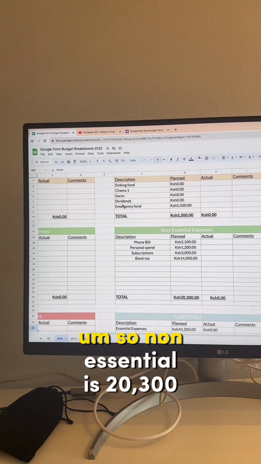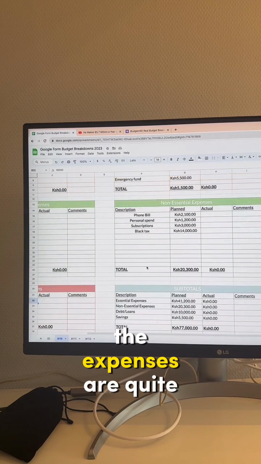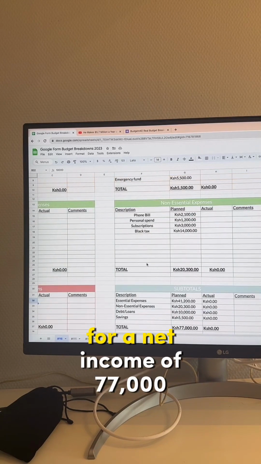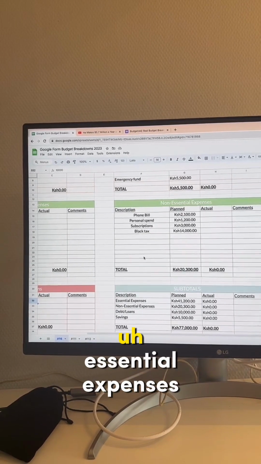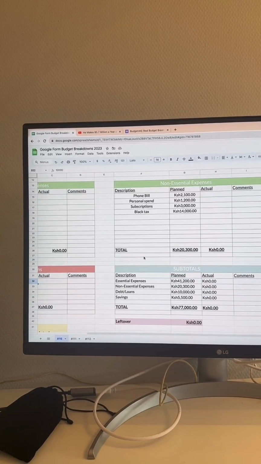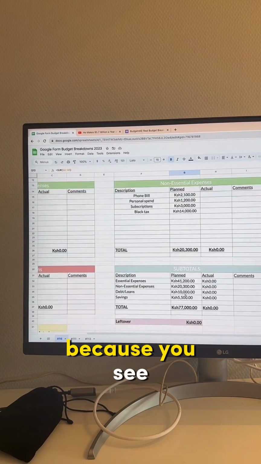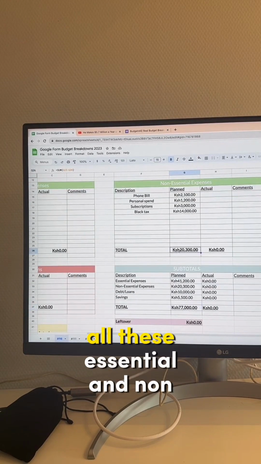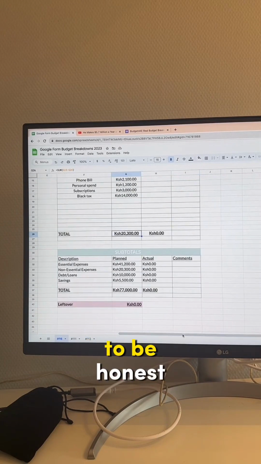So let's continue. So non-essential is 20,300. And yeah, you can already tell the expenses are quite high for a net income of 77,000. Essential expenses are... savings is 5,500 because you see all these essential and non-essential are really on the higher side, to be honest.